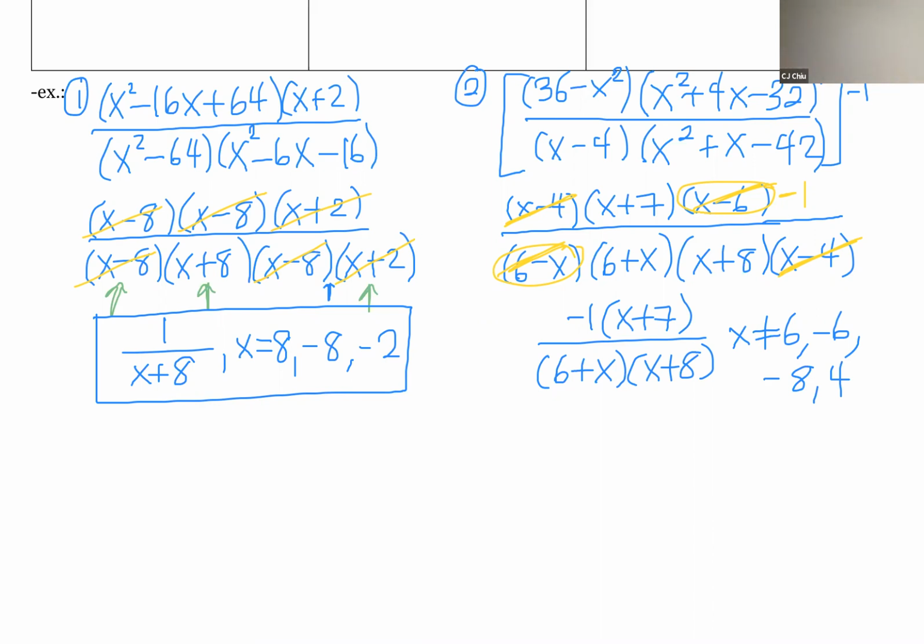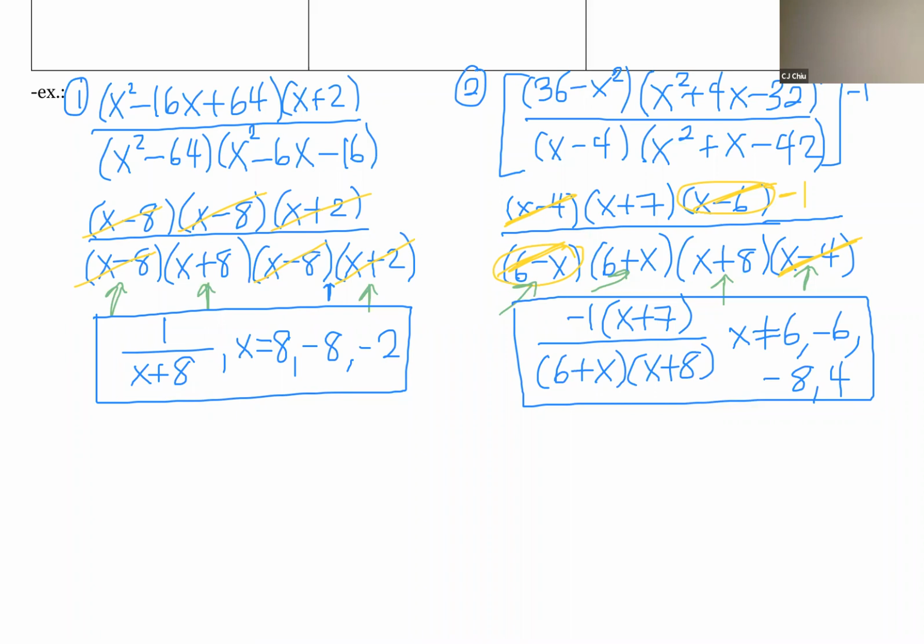So 6 makes that 0, negative 6 makes that 0, negative 8 makes that 0, and 4 makes that 0. So that's where you get those numbers from. We can't have denominators equal to 0, so those are our excluded values. What do we think?